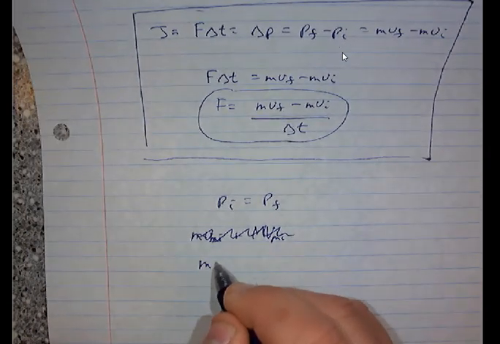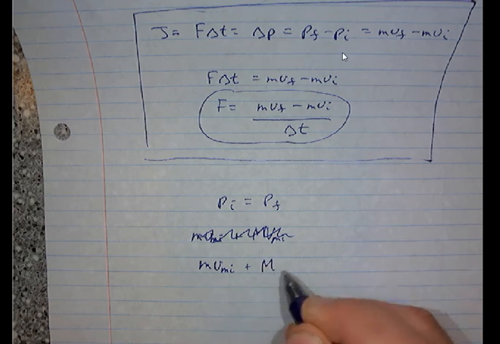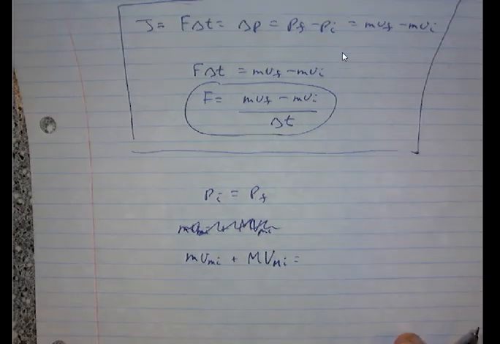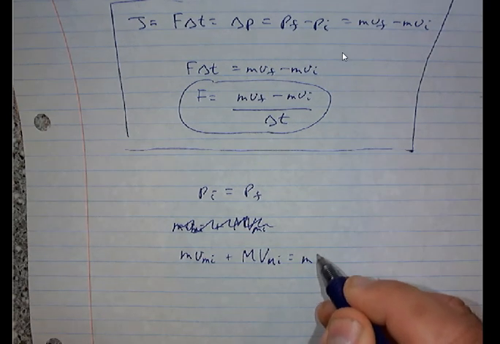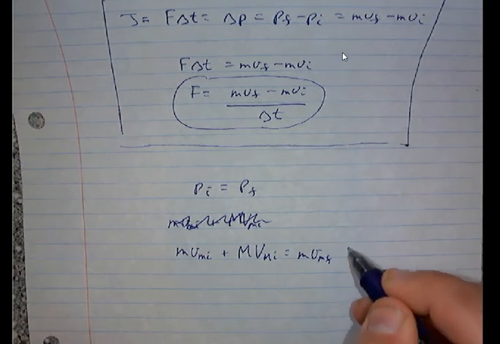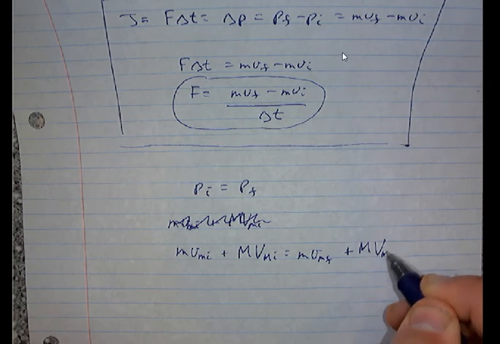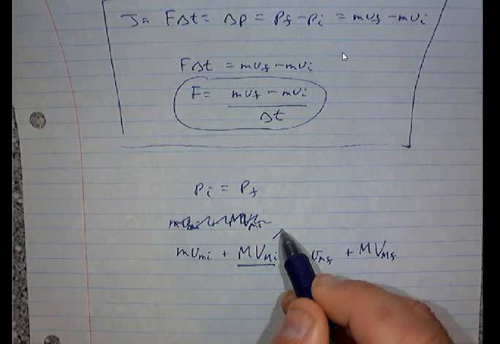Little m velocity of little m initial plus big M velocity of big M initial. That's the momentum of the system before. Little m velocity little m final, that's the speed after the collision, plus big M velocity big M final. And actually this term is 0 because it's at rest initially.